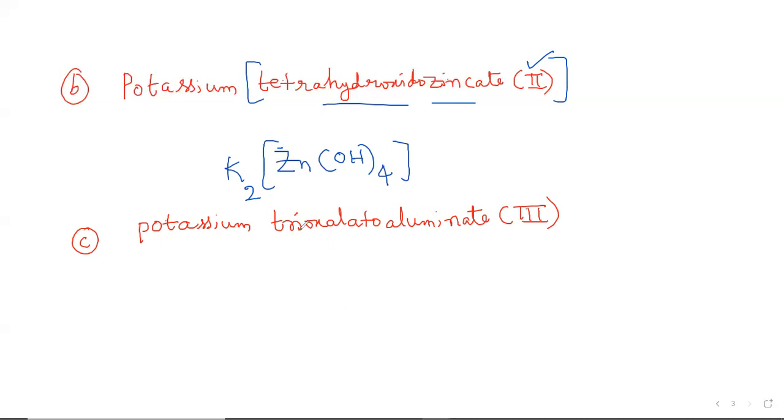Let us try to solve it. Whenever the name is given continuously, that is the coordination entity, and the other one is the counterion.